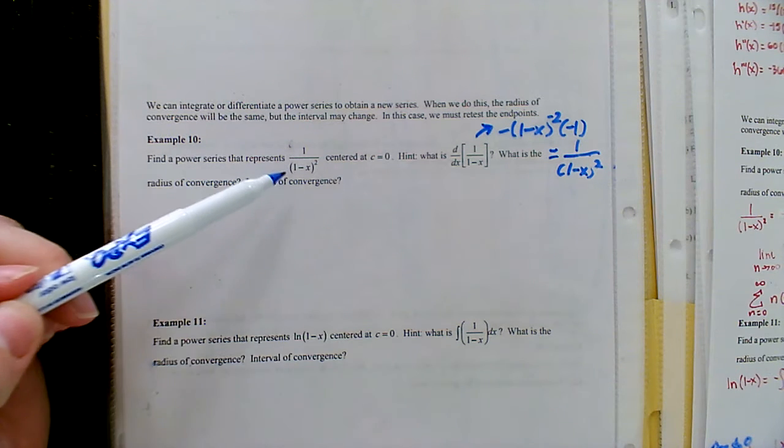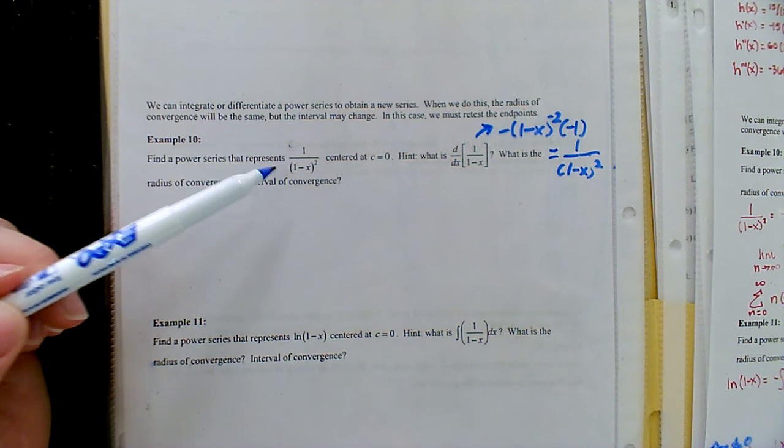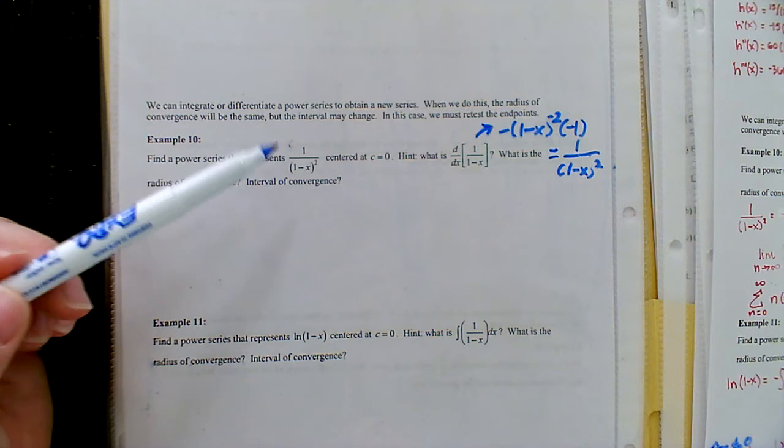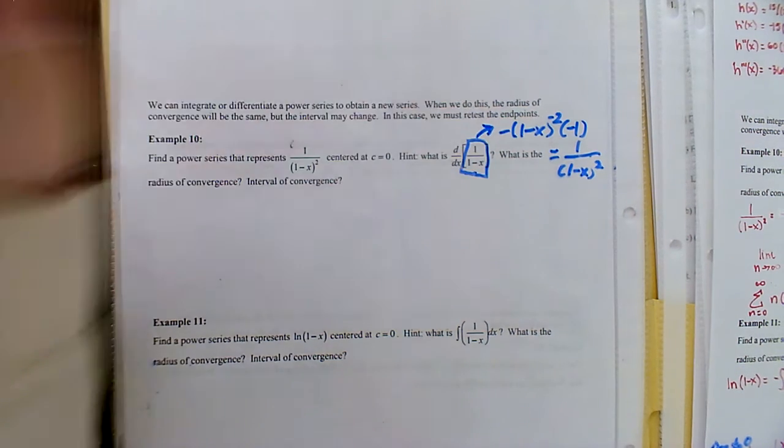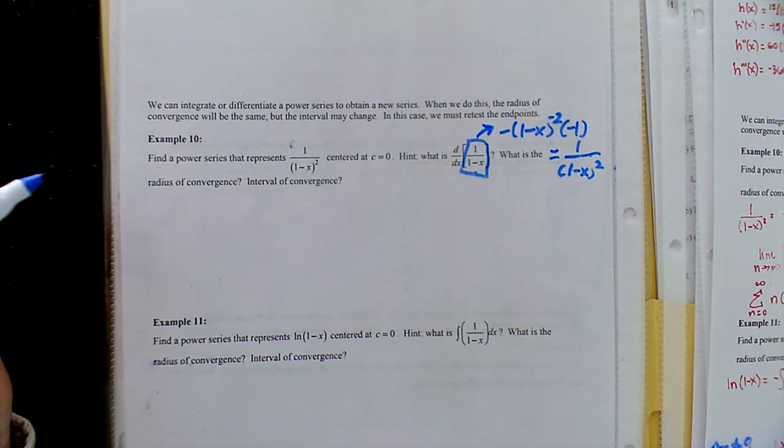Well, isn't that exactly what we're looking for over here? Trying to create the power series of that. So, if we look at this original one they gave us right here, the 1 over 1 minus x, don't we have that one memorized? 1 over 1 minus x? That's one we know, right?